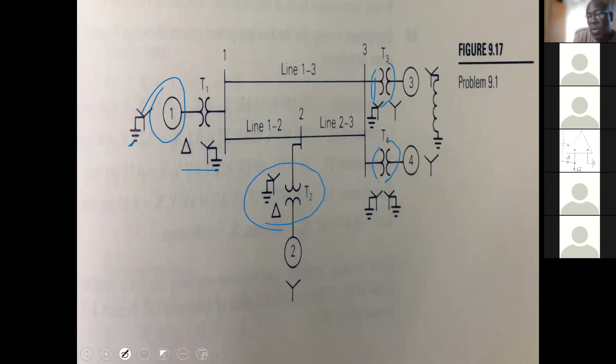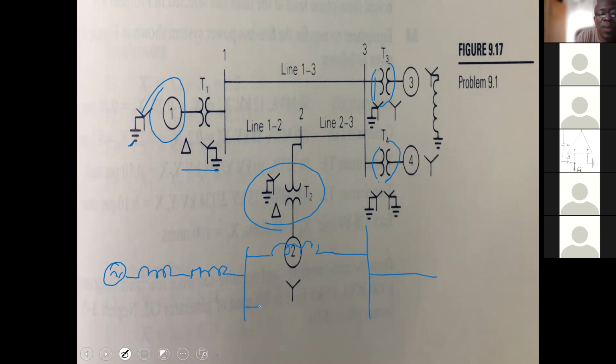So for the positive sequence network, for this circuit, you would have your generator and the reactance. For your transformer, you would have another reactance. Then for the line, so here you'd have your line. You go into the other bus bar.